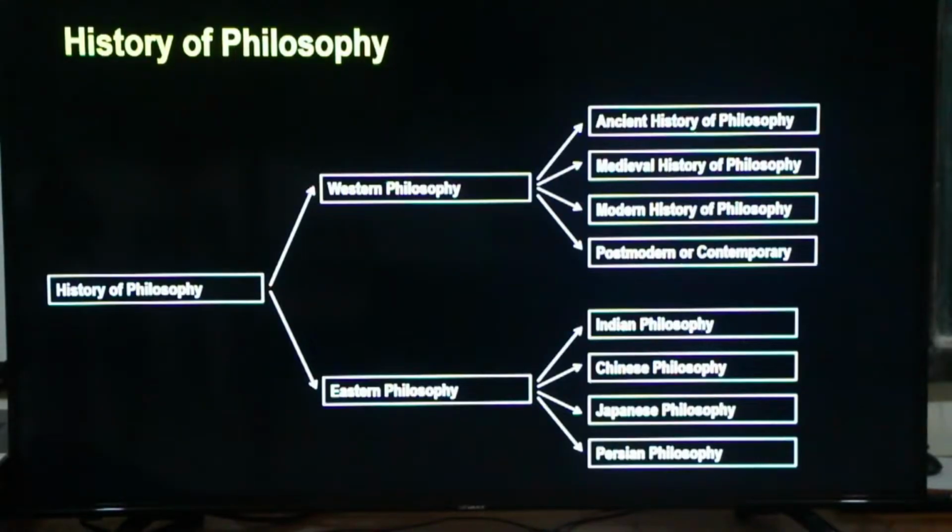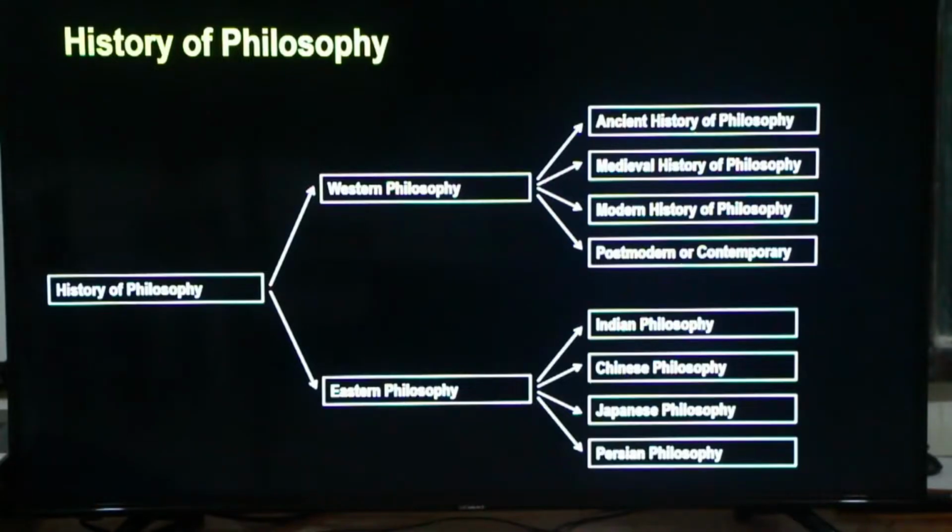While Eastern philosophy was developed by four major civilizations, like Indian civilization developed Indian philosophy. There's also Chinese philosophy, Japanese philosophy, and then Persian philosophy. Of course, there is also Korean philosophy, Filipino philosophy, but these philosophies developed after the philosophies in India, China, Japan, and Persia.